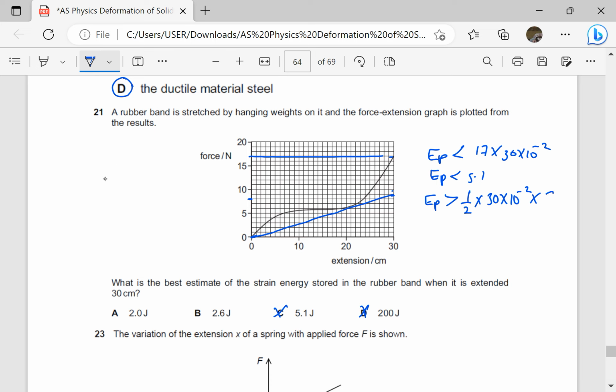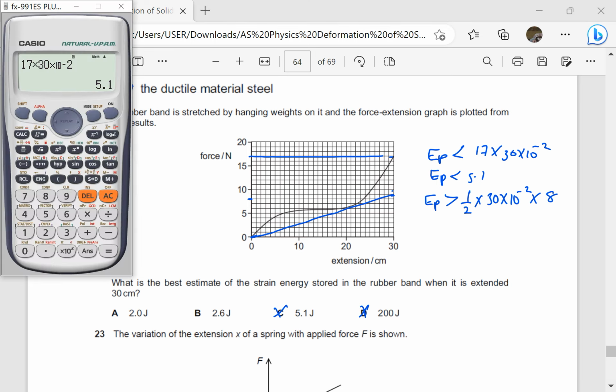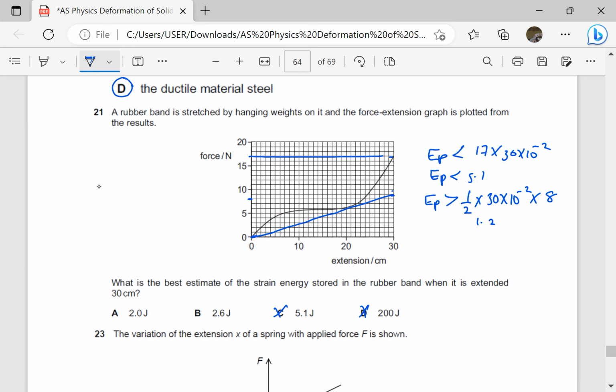So that is times 8. So 0.5 times 30 times 10 power negative 2 times 8. So it should be greater than 1.2 joules.